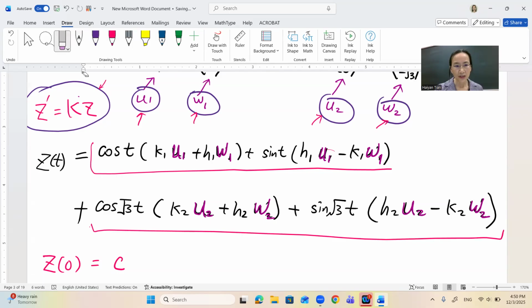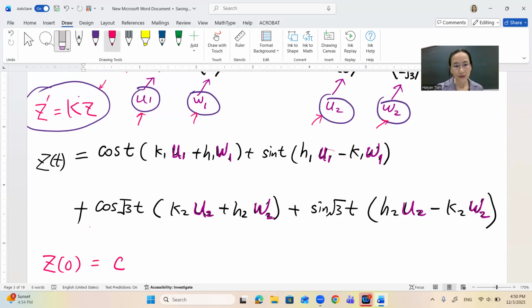But remember, K1, H1, K2, H2 are arbitrary constants. Here's H1, K1, the negative sign here, K2, H2, negative K2. So that's the form of the solution. But what should be the K1, H1?